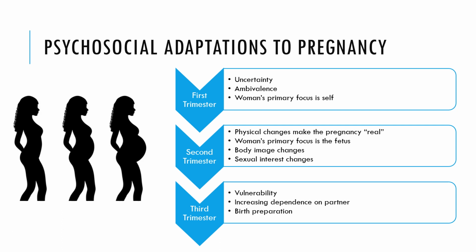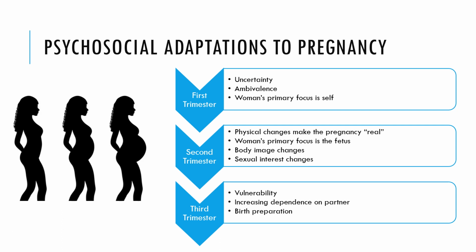So then once we get into the second trimester, a lot of those different physical issues that the woman may be going through are usually going to resolve themselves. So this is also usually a time where she'll feel that quickening, which is just the mother feeling the baby move.